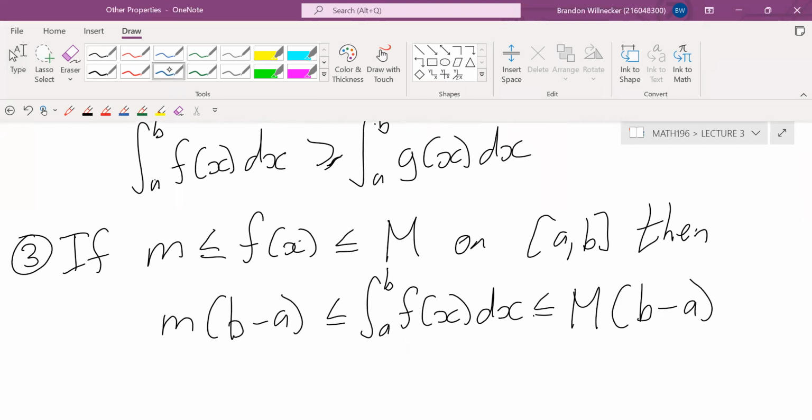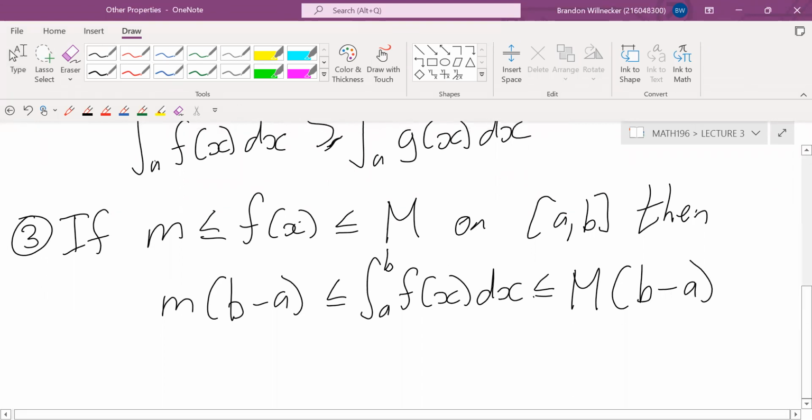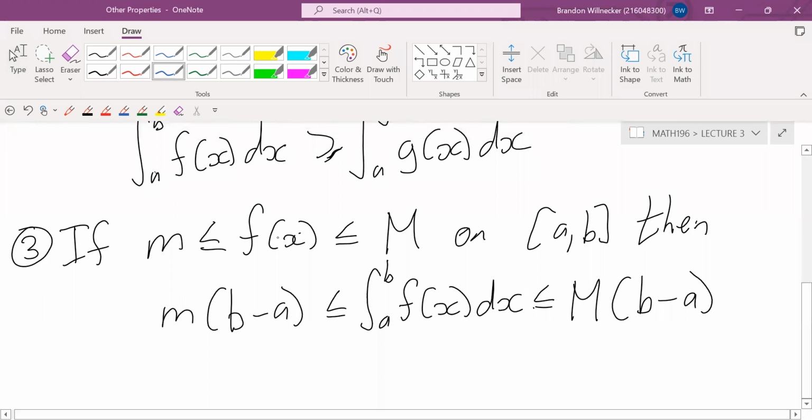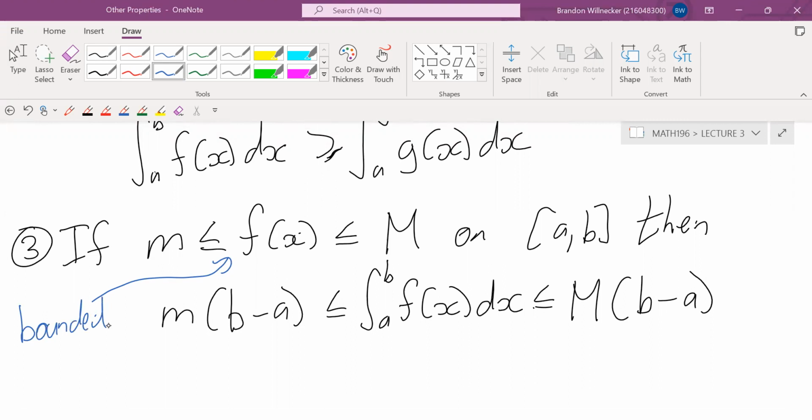Okay, so let's just do a quick proof of this last one here. So if we are saying that f is in the middle of little m and big M, what we are actually saying is that f is bounded. In other words, if we are going down, it doesn't pass some minimum value. So this is the minimum.